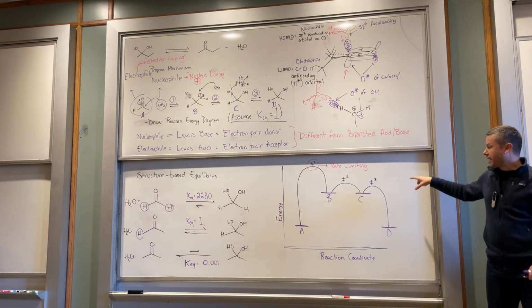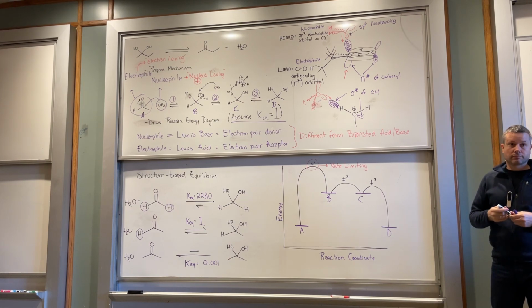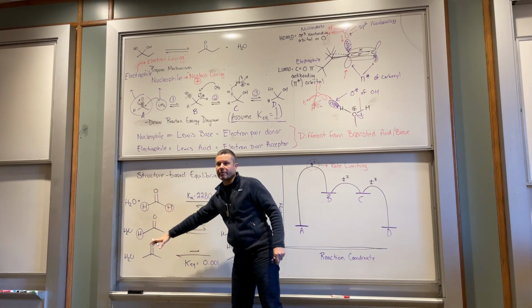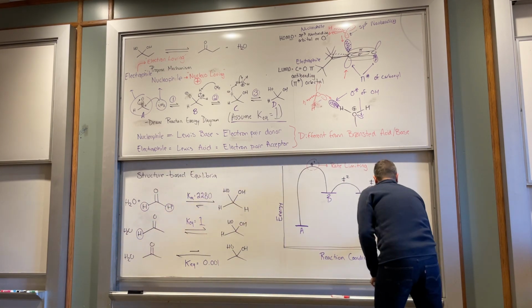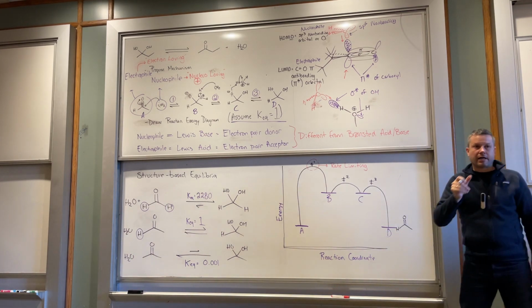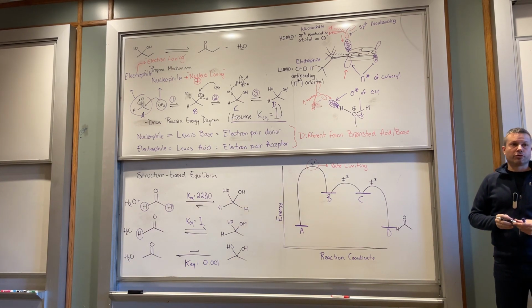How would we show that on this energy diagram? Say that all of these are kind of starting at the same energy level. This we already established represents the acetaldehyde. If we wanted to represent the other 2 reactions on here, where would we put them?